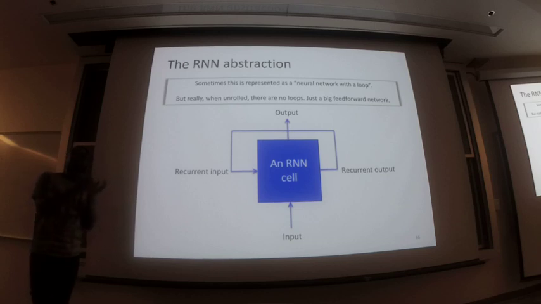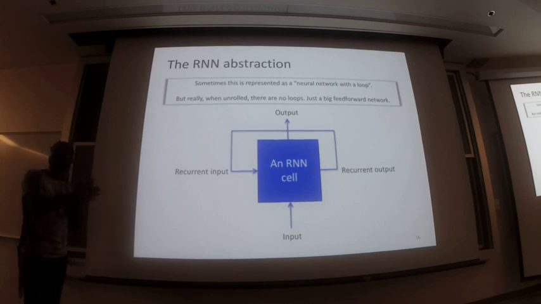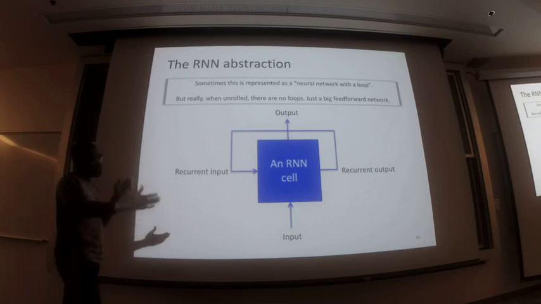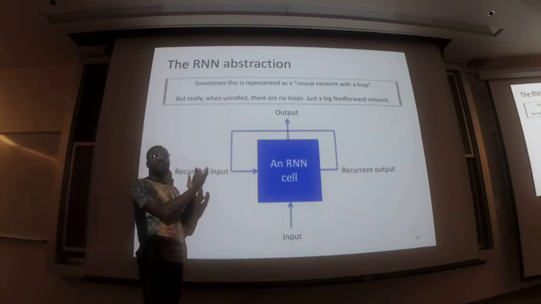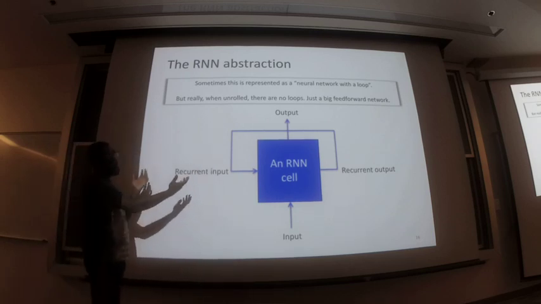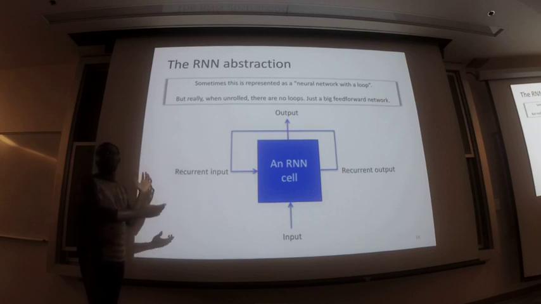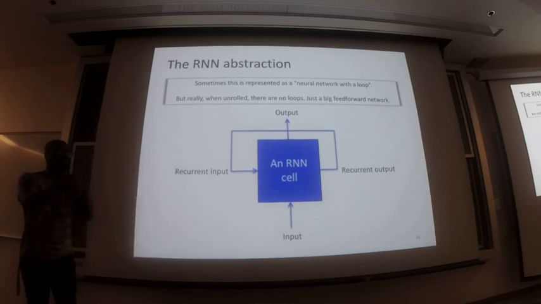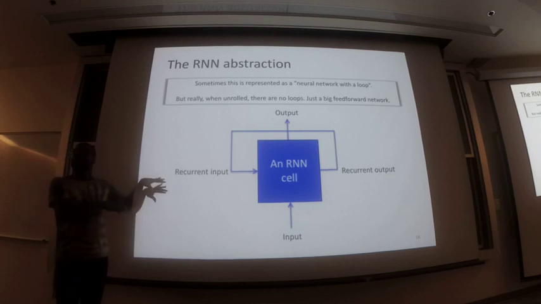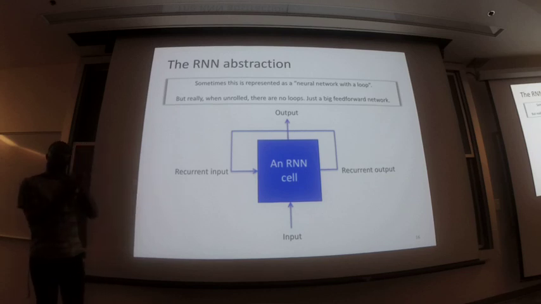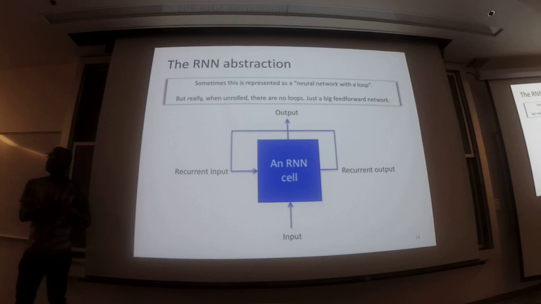So if you have, say, a sentence of 5 elements or 5 terms, you will have 5 unrolled RNN cells. So that's how it looks. So this is the unrolled version, which compresses everything that we just saw.